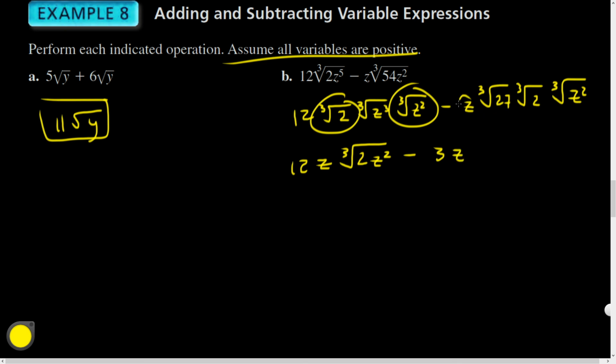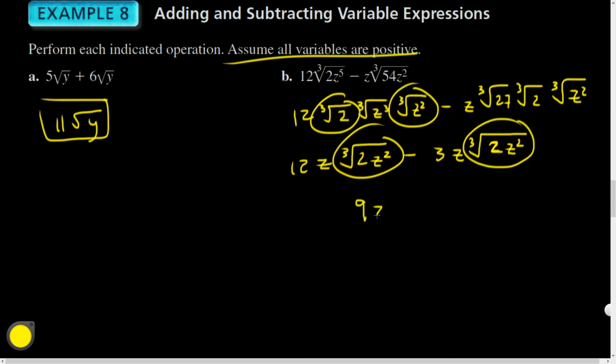Multiplying this plain old z on the outside times the cubed root of 2z squared. Man, my 2's are looking even more like z's. And so let's see. Notice, cubed root of 2z squared, those are like-ish terms. And so what do I have? 12z minus 3z is 9z times the cubed root of 2z squared.